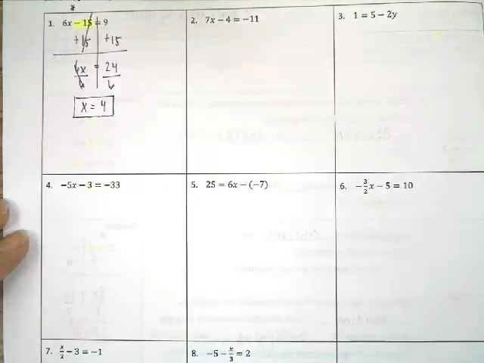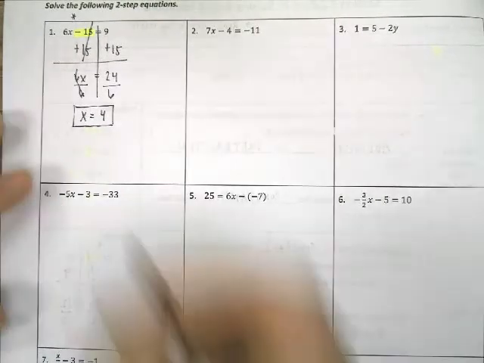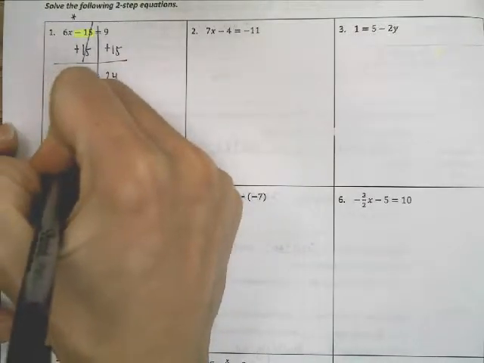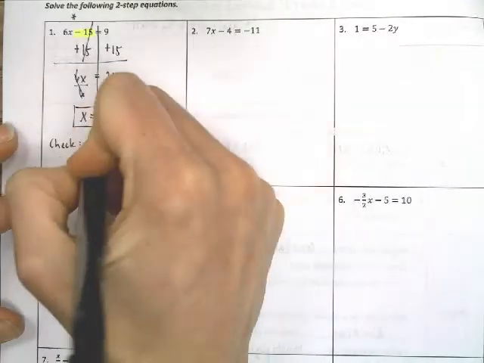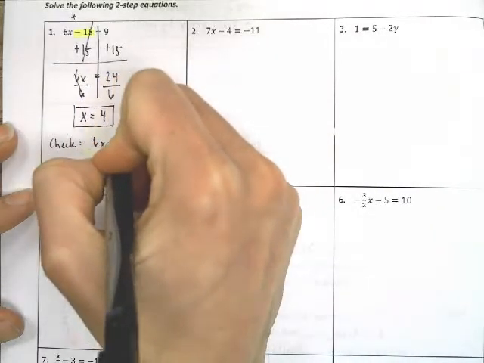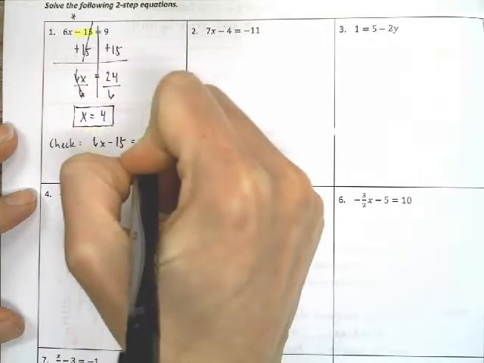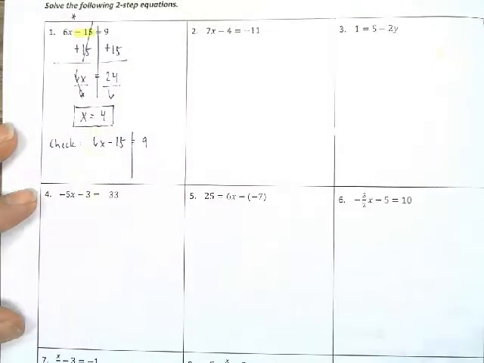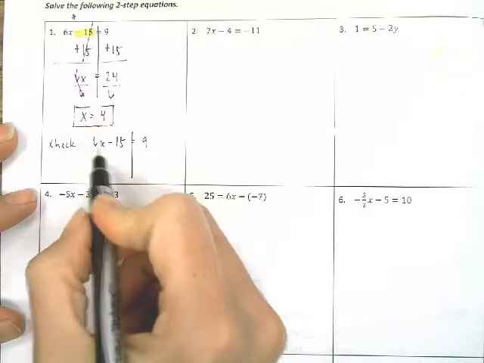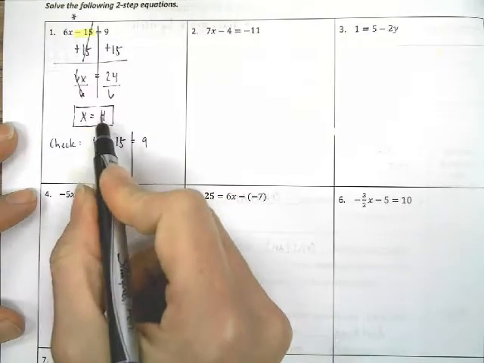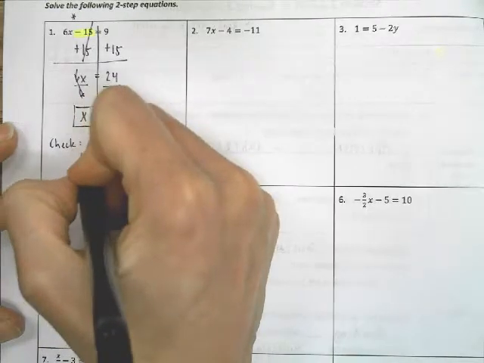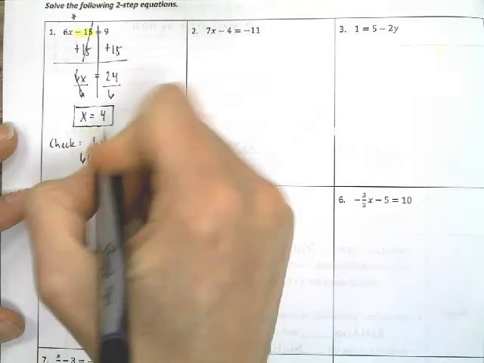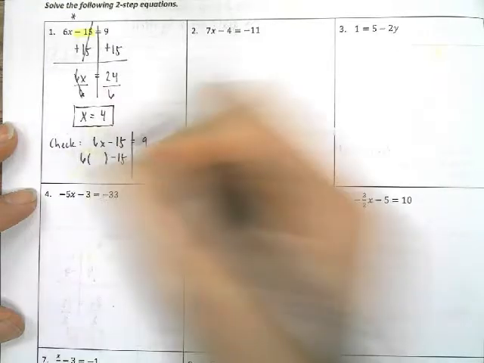But again, I'm always going to check to make sure. So I'm going to copy my original equation. 6x minus 15 is equal to 9. I'm just going to work with my expression here, and I'm going to evaluate that when x is 4. So I take 6, I leave a placeholder for the x, and I subtract 15.